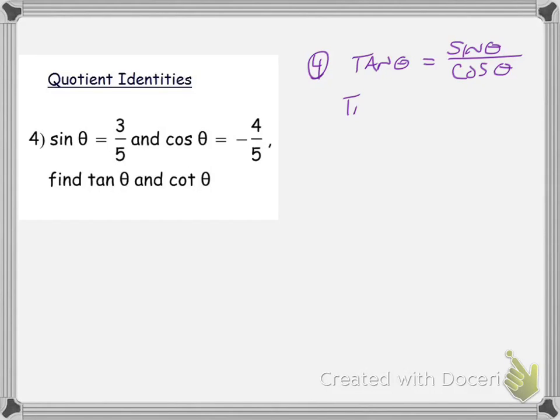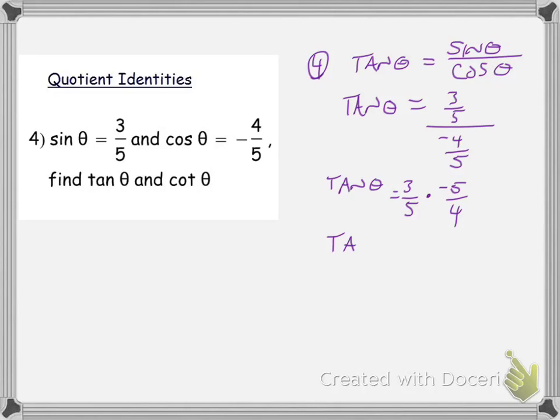So in this case it's going to be tangent of theta is equal to 3 over 5 divided by negative 4 over 5. So I have 3 over 5 times negative 5 over 4. My 5's will cancel out, and I have tangent of theta is equal to negative 3 over 4.